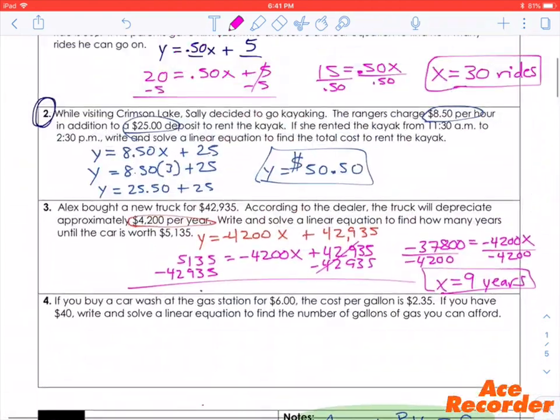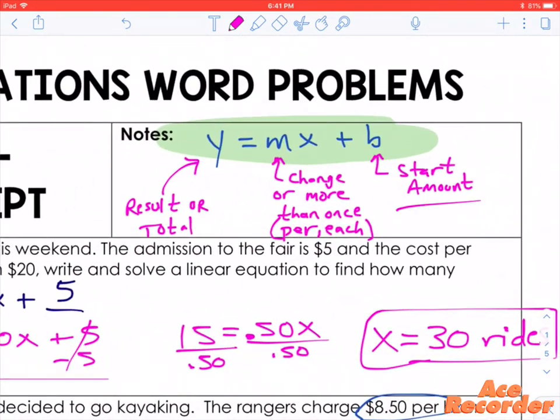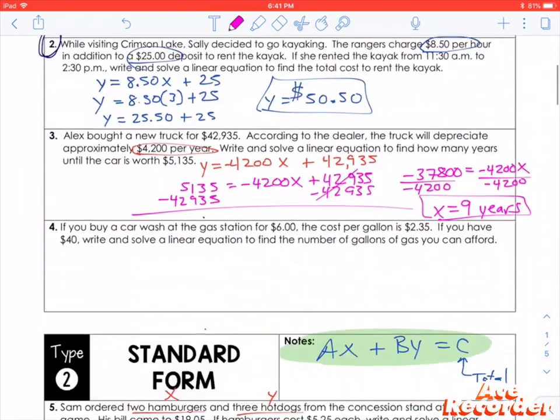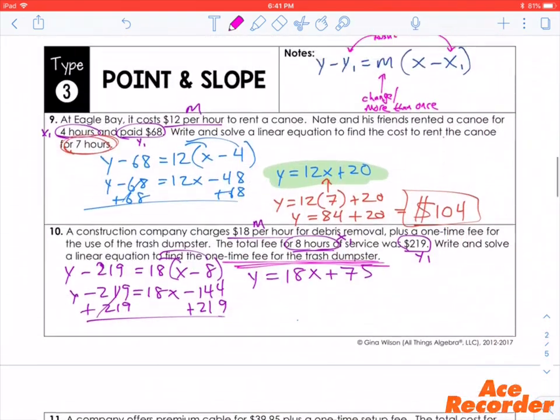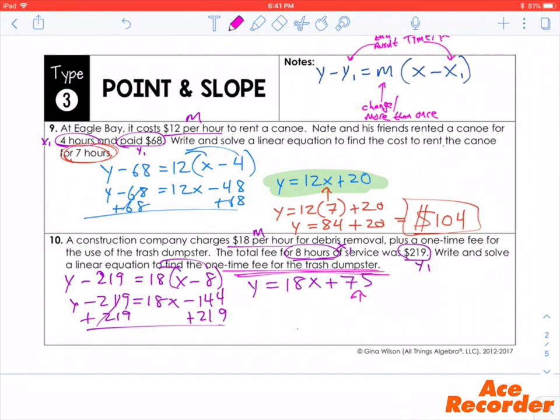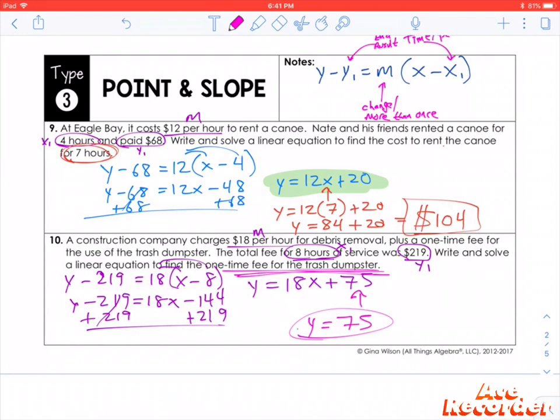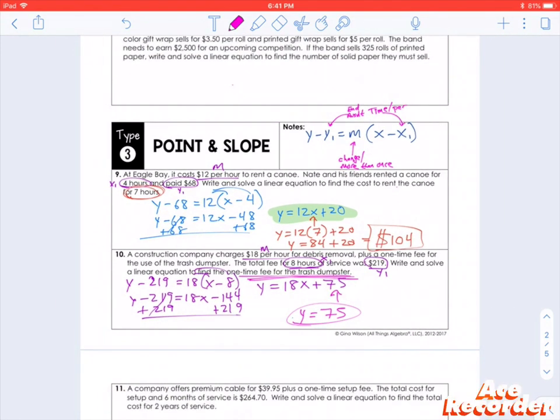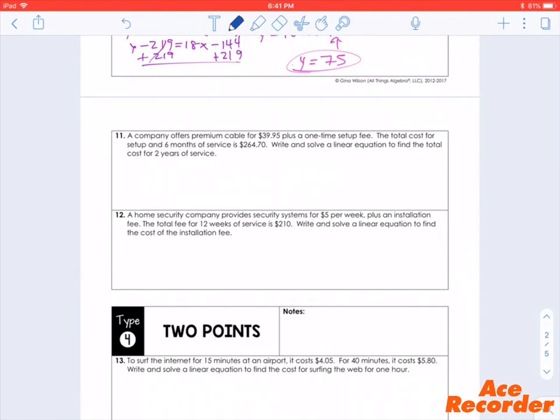Since we have it in y equals mx plus b, we actually have our answer right here: it's 75. Now, the other way to do that is, the one-time fee is before we have any hours, so you'd plug in 0 for x. And so that would cross out, and then you just have 75. Okay. So let's do one more here, and then I'll have you try one.